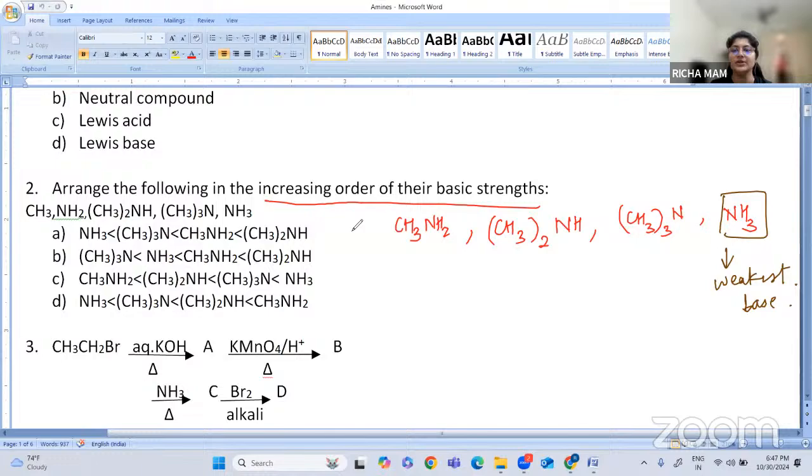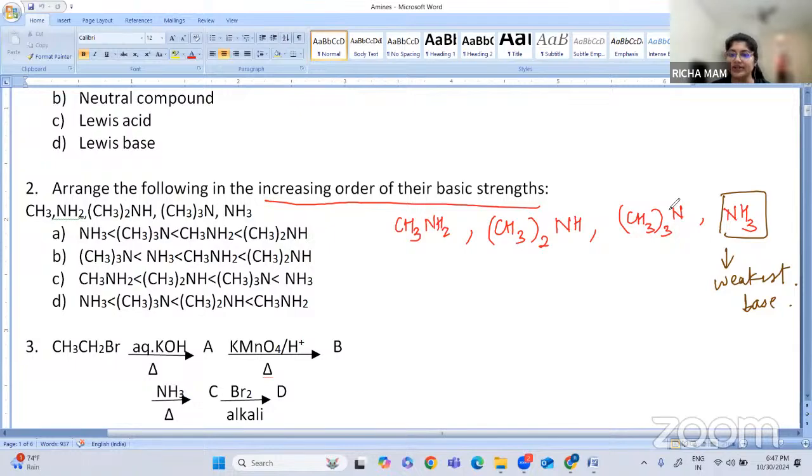What is a methyl group? Electron withdrawing group or electron donating group? It is an electron donating group, right? So methyl group is an electron donating group.